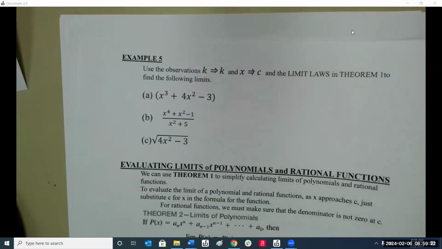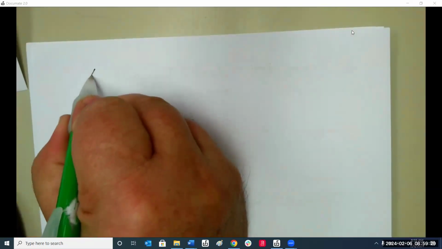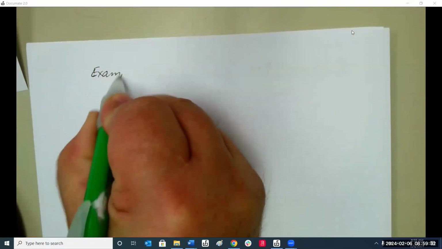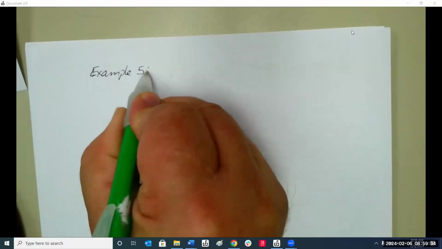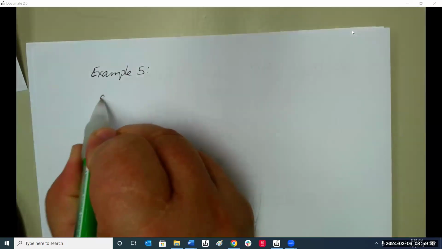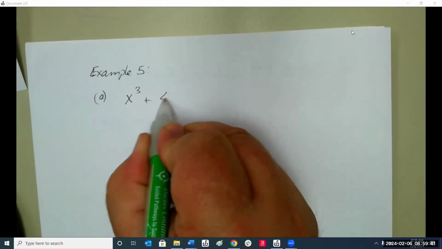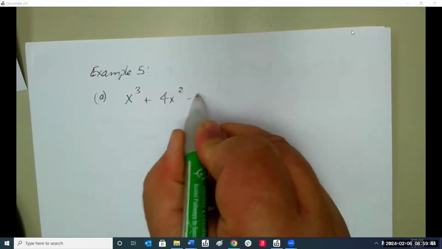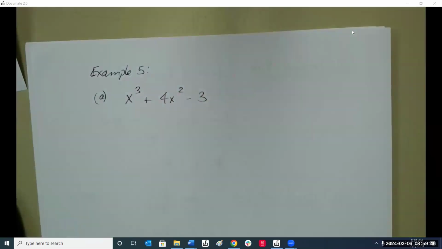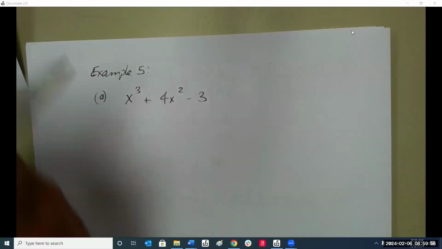So let's look at the first one. Example 5, A: x cubed plus 4x squared minus 3. I got to fix that too.